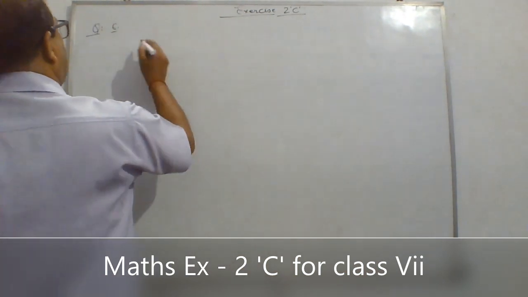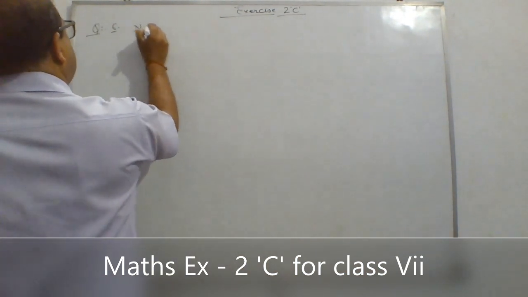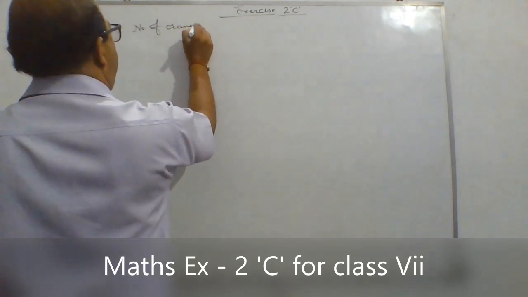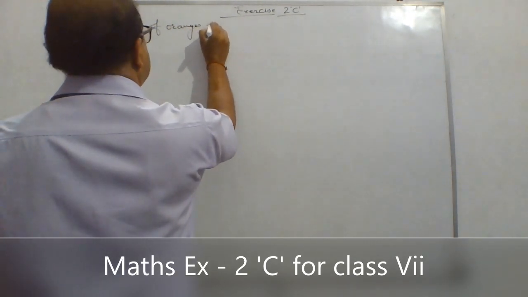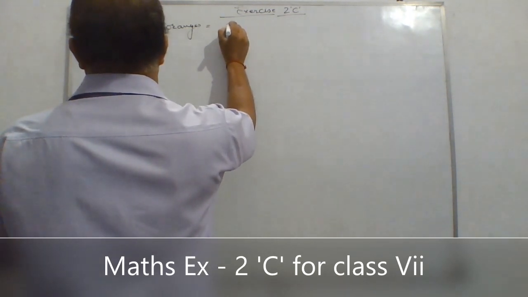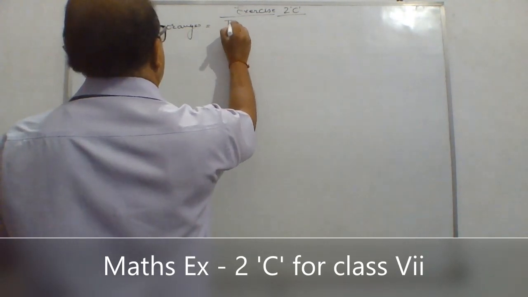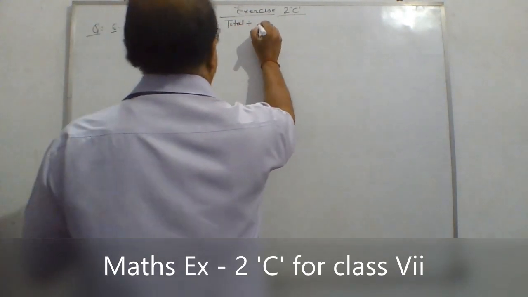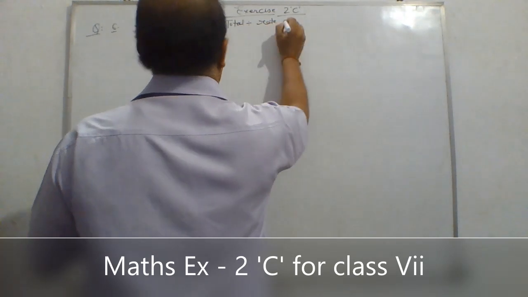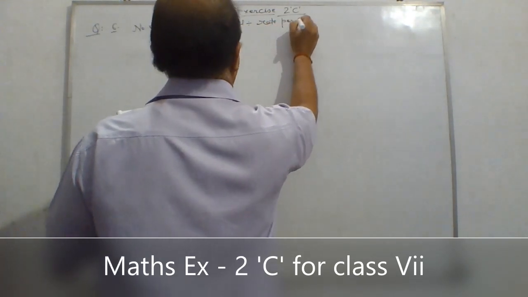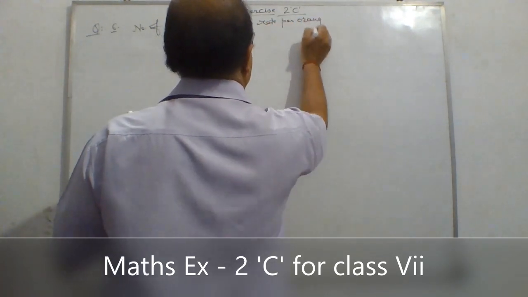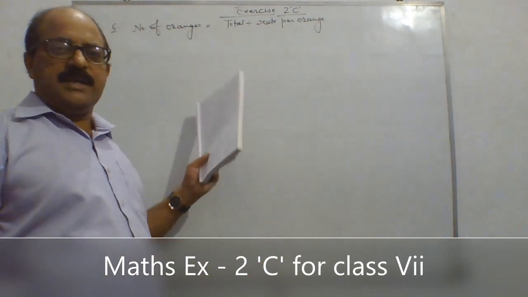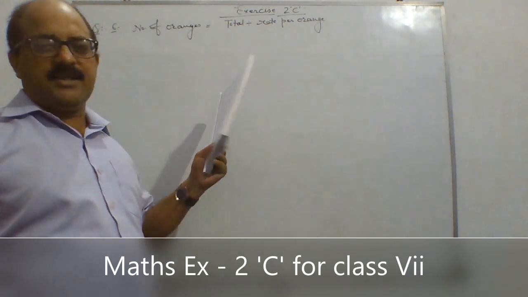Here, number of oranges is equal to total divided by rate per orange. If we do it in this process, we will get the answer.